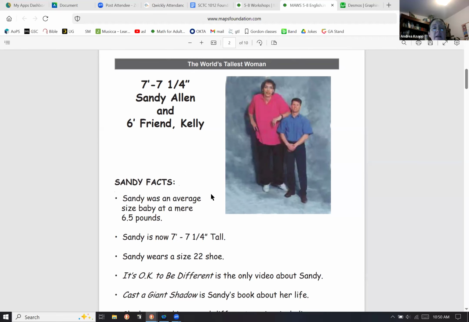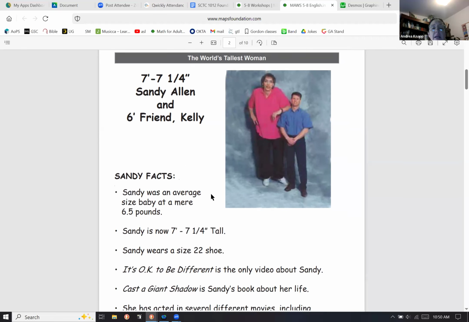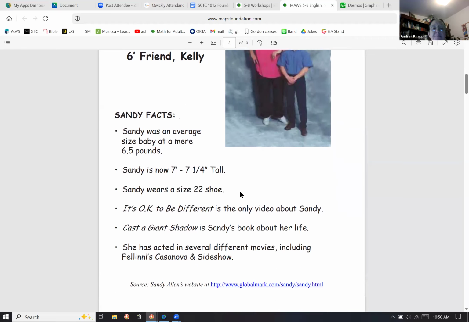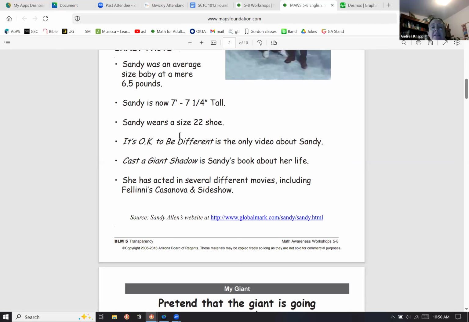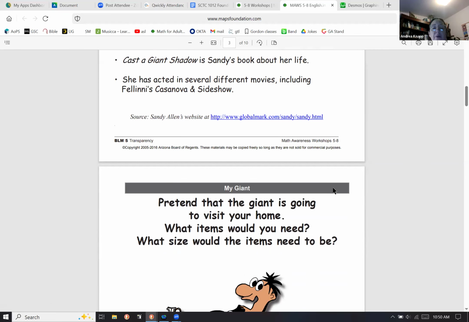She was an average size baby at a mere 6.5 pounds. She wore a size 22 shoe, and there's a video about Sandy called It's Okay to Be Different. Cast a Giant Shadow is her book about her life, and she has acted in several movies, including Fellini's Casanova and Sideshow. So there's more information if you want to learn more.